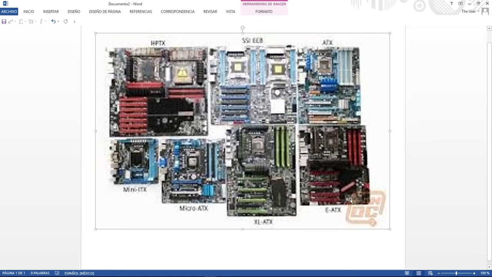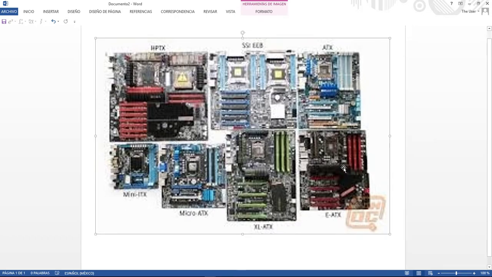So you'll find most of the good stuff, if not all the good stuff, on EATX, like lots of RAM slots, enough spacing for four-way SLI, four-way crossfire, and on this side, what you usually find is troubleshooting LEDs, overclocking buttons, reset buttons, etc. The problem is that it's not as widely used as ATX or micro ATX. So make sure your case does in fact support these kind of boards.